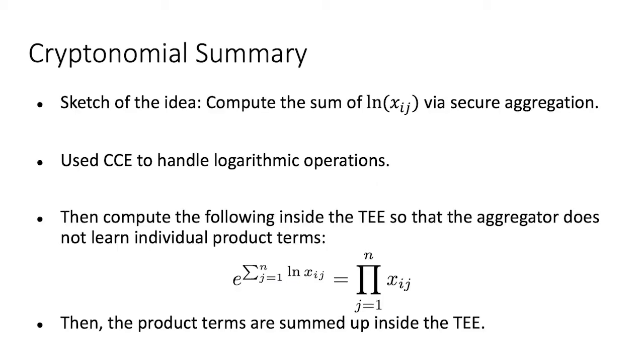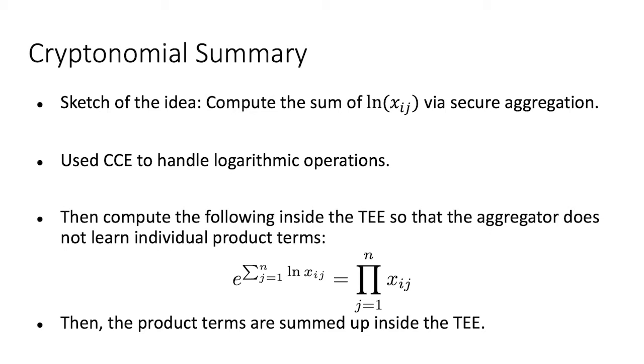A deep discussion of lattice-based cryptography is out of the scope of this presentation, but we do know enough to now be able to appreciate a sketch of our idea. Essentially, for our idea for Cryptonomial, we have all the users first take the natural log of their plaintext input.